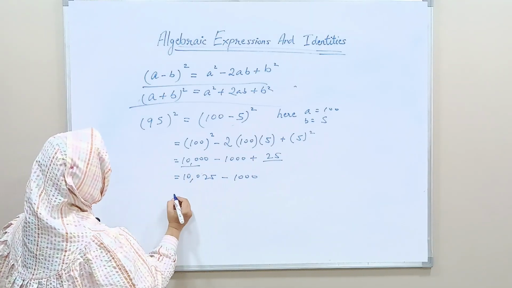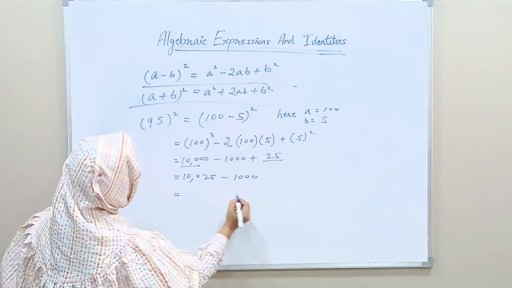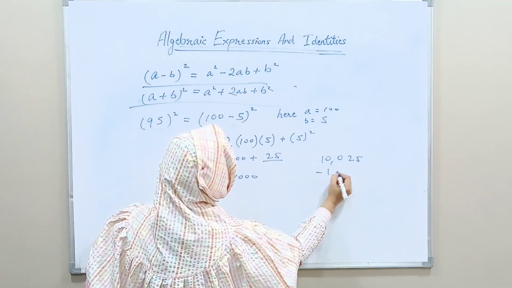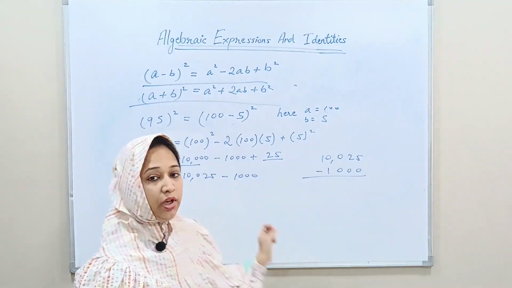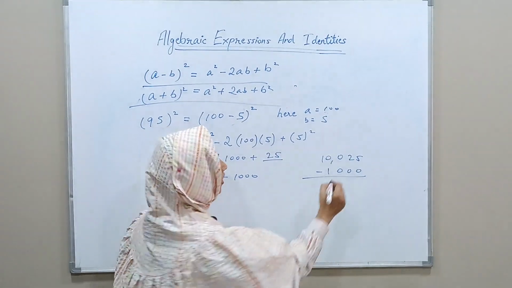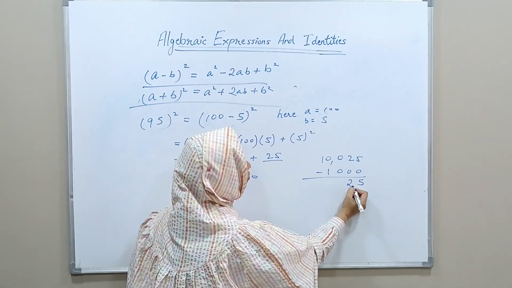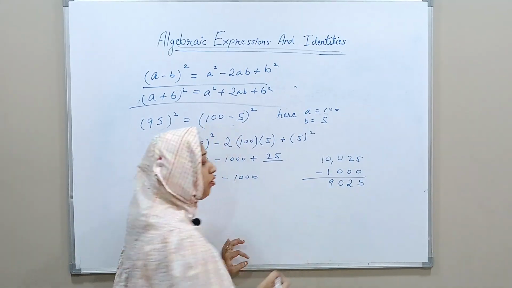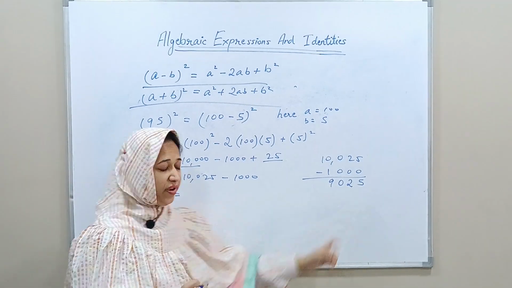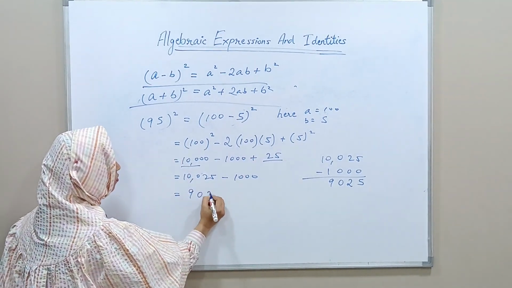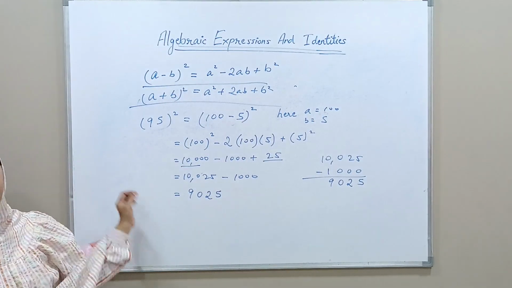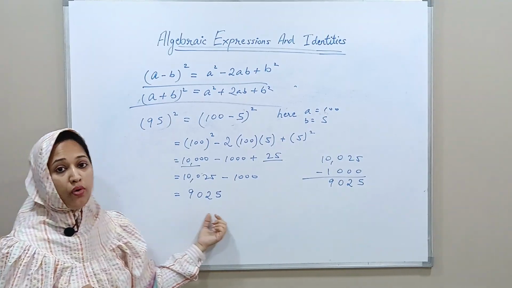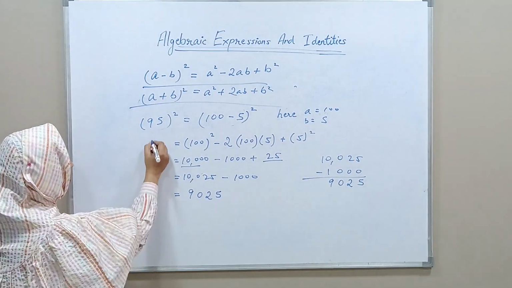Now subtracting 1000 from this, 10025 minus 1000 gives 9025. So without actual calculations, we can say that 95 square is equal to 9025. This is your final answer.